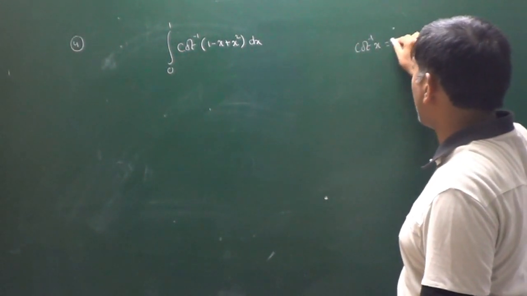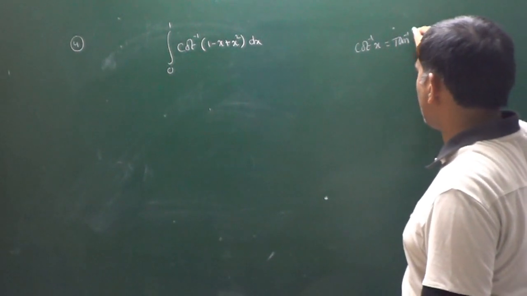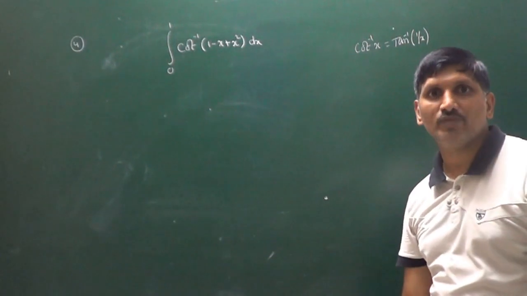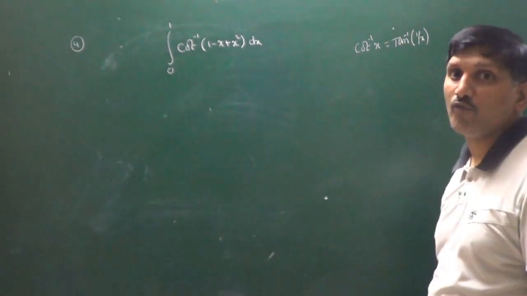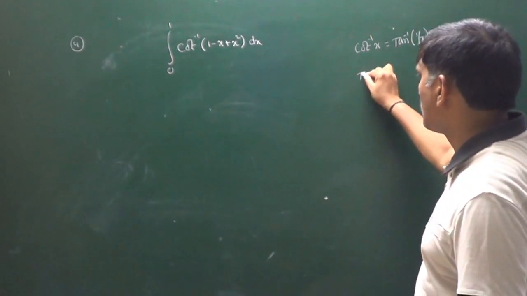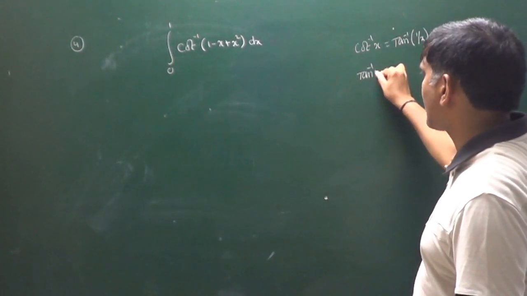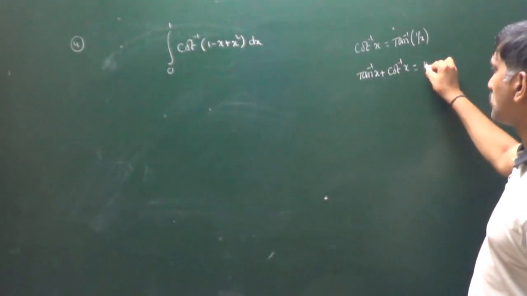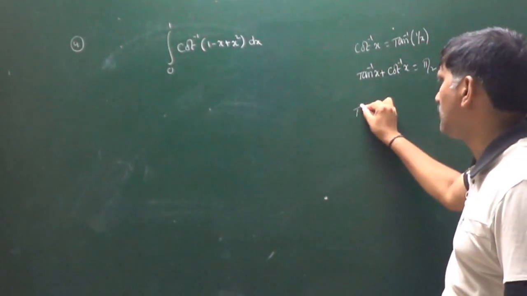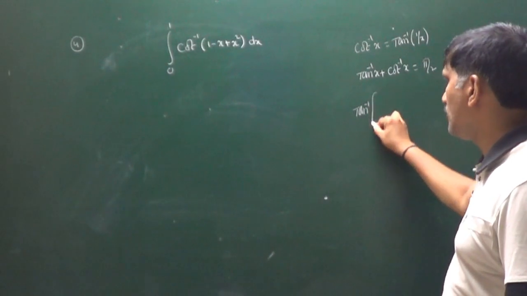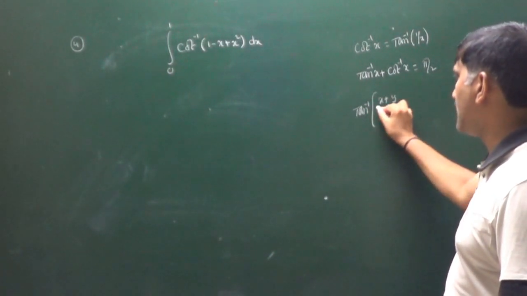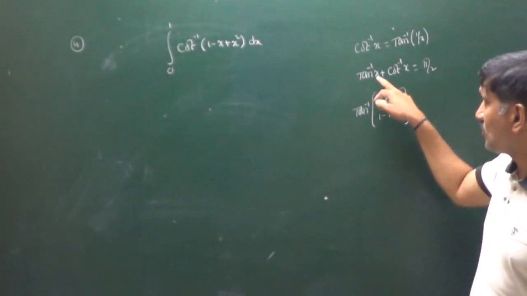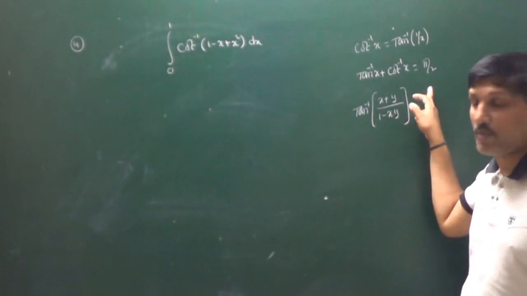When x is positive, we can write cot inverse x as tan inverse of 1 by x. At the same time, one more piece of information: tan inverse x plus cot inverse x is equal to pi by 2.